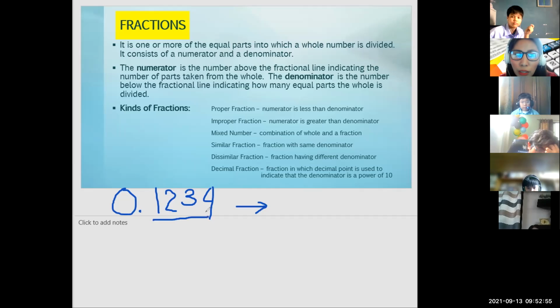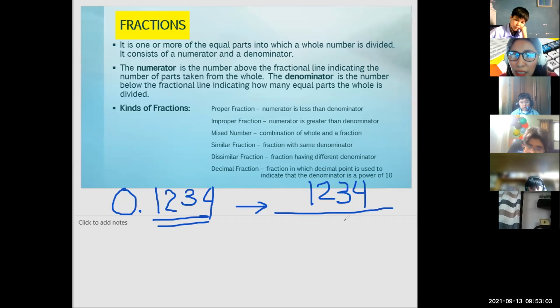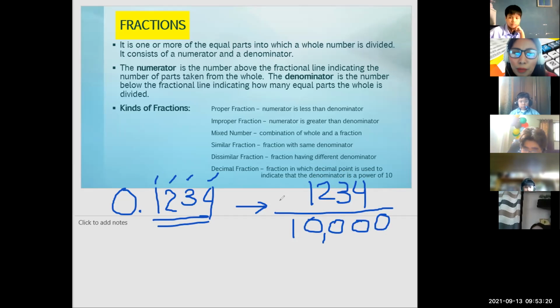Oh, copy nyo lang this one. Copy. 1, 2, 3, 4. And then how will you know kung ilang zero sa ilalim? Same. Count nyo lang. 1, 2, 3, 4. There are 4 digits, right? 1, 2, 3, 4. And then 1. There. Kuha, class? Yan. Trick yan.